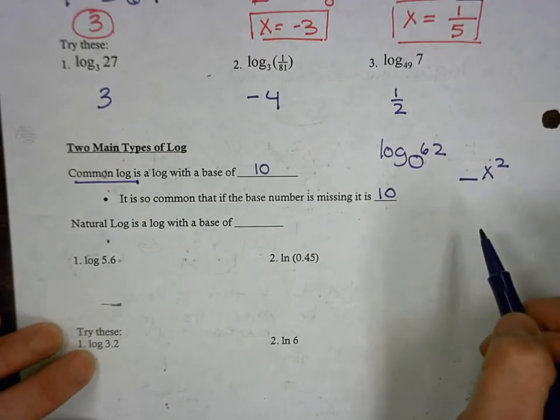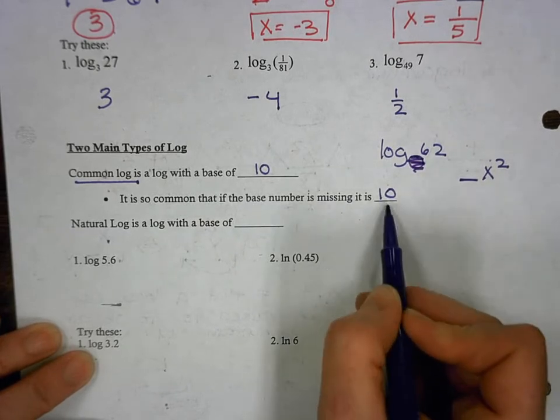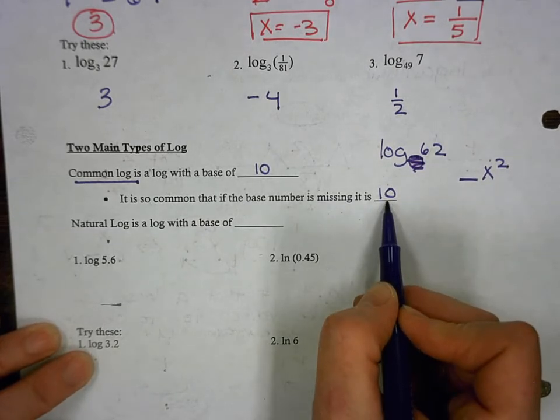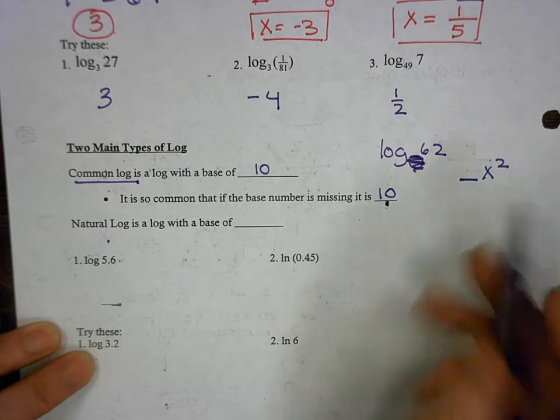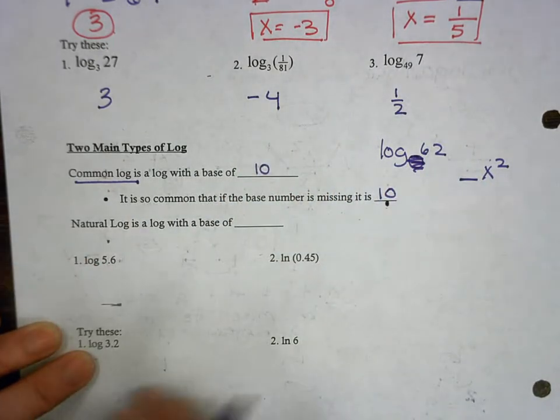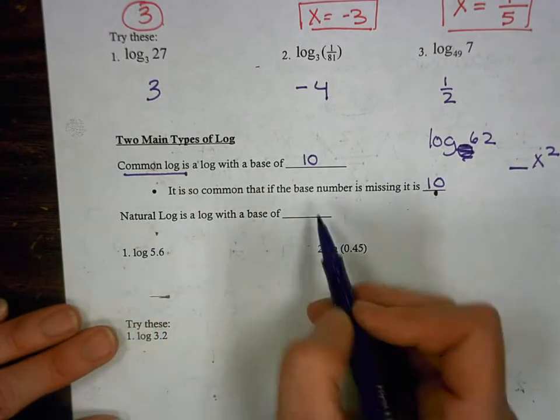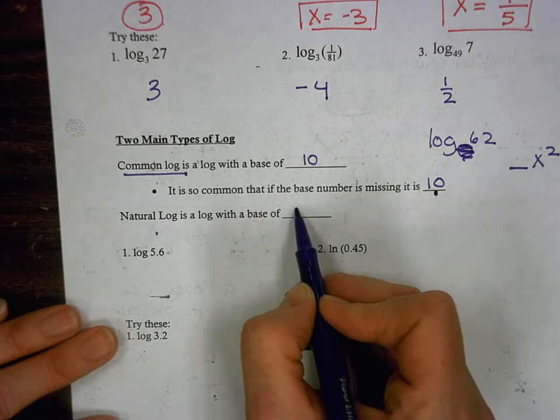Just like we know that if we have x squared, we know what a in front of x squared is. If it's not written, it's 1. If you have a log and there's nothing here, then it's 10, the common log, because we live in base 10, right? We have the 1s and the 10s and the 100s, and that's why it's so common.